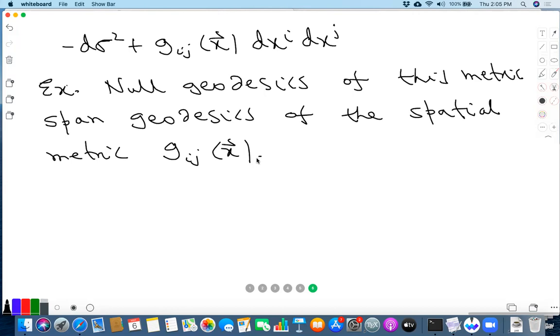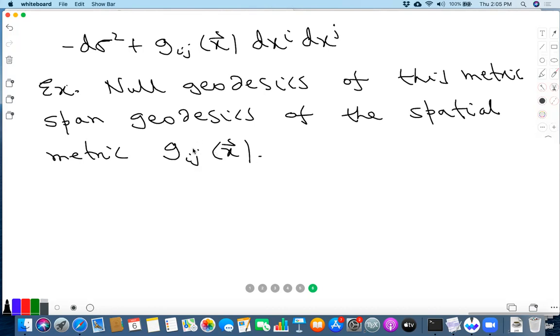In other words, let's imagine that you are starting from a point x at some time sigma and going to a point x prime at some time sigma prime. If you project it down, forget about the sigma information, and just project it down onto x space, then that line is just the geodesic of the metric g_ij of x.